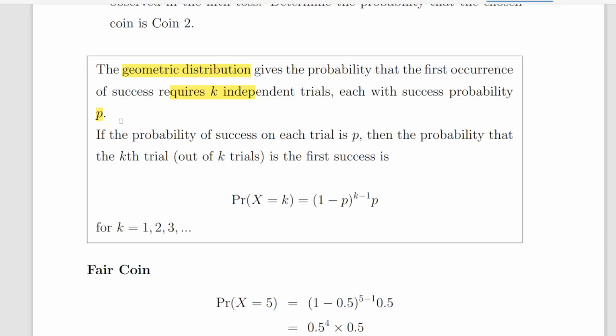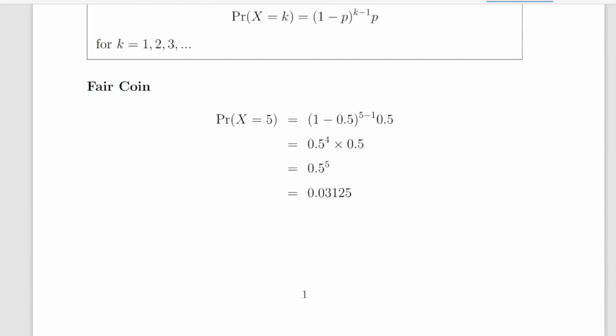So if the probability of success in each trial is p, then the probability that the kth trial out of k trials is the first success is as follows. The probability of X equal to k equals (1 minus p) to the power of k minus 1 times p. Okay? So what we're going to do is calculate that for the fair coin, which is 50-50, 50% heads, 50% tails.